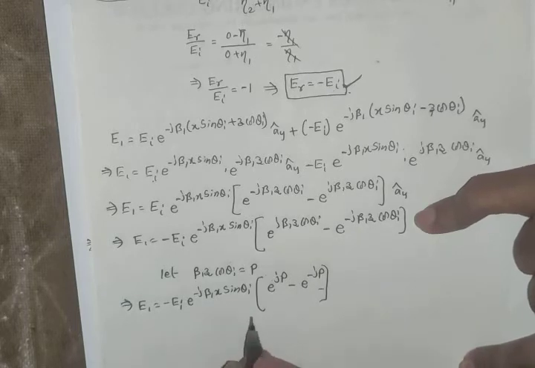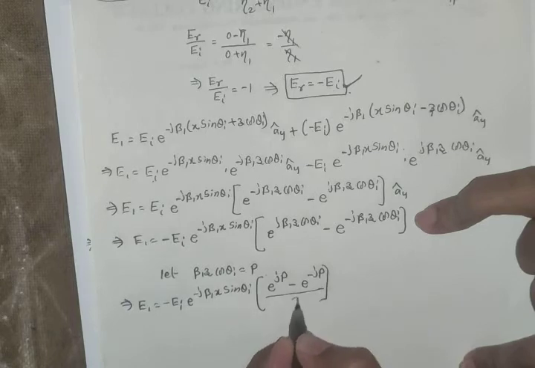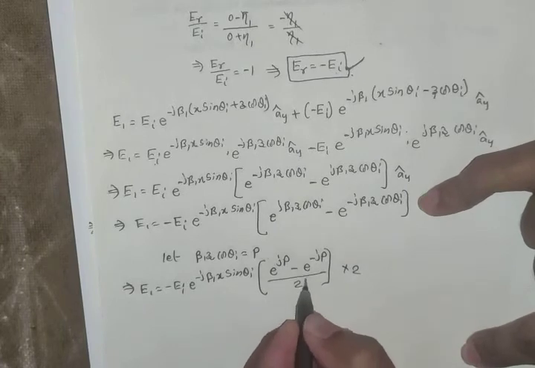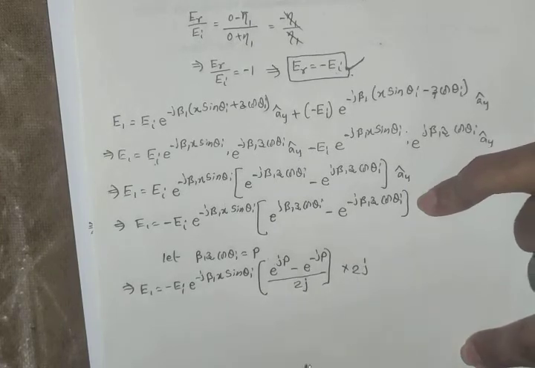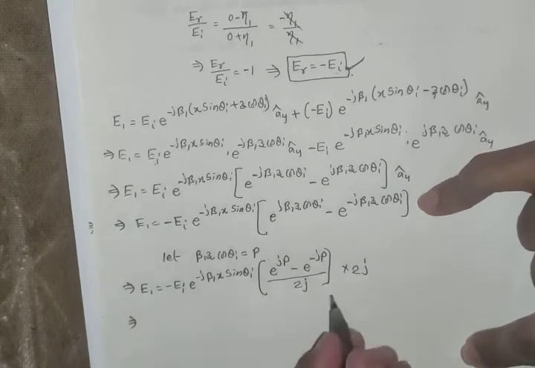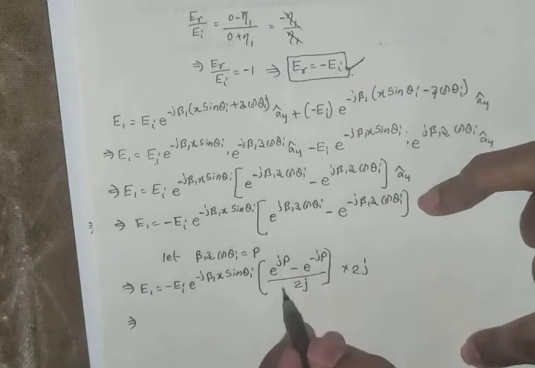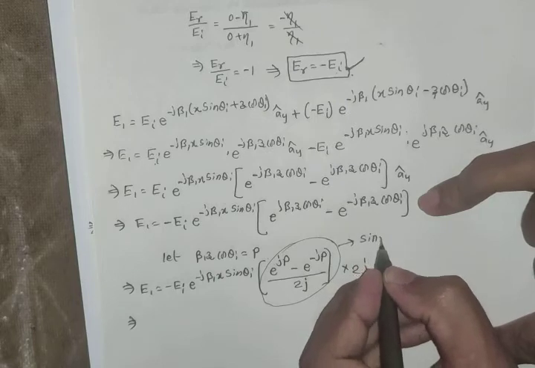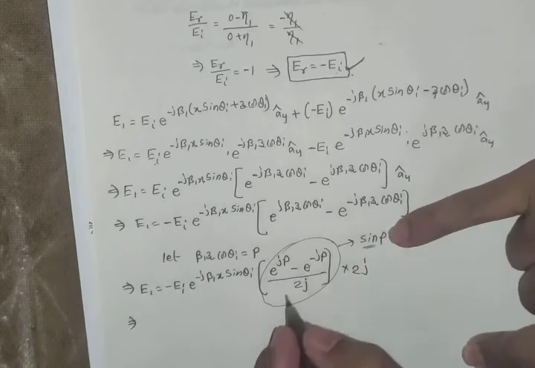So this is the final representation. Let us assume we divide and multiply by 2j on both sides. Then this entire representation indicates sin p, so the sin p can be taken like that.